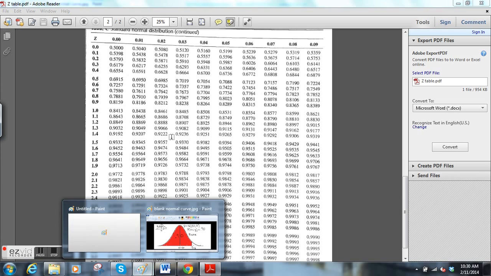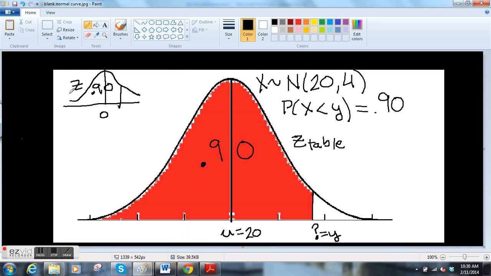Let's go back to the paint picture. So that is 1.28. You could have gone with 1.29. Either one will give you a close enough number. So what we're saying is we want to then find this number. We know on the z-table that corresponds to 1.28 on the z curve. So what we'll do is sort of like how we would find the score for a z-score.